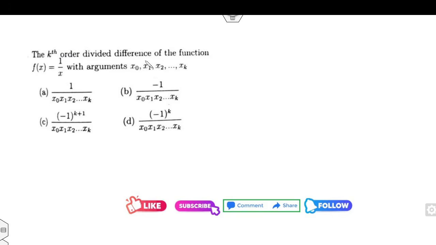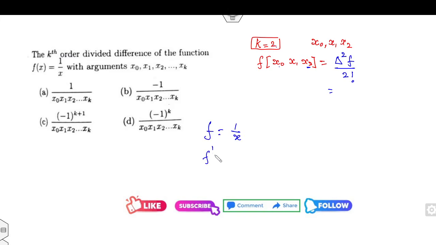The kth order divided difference. That's simple. You can simply choose k as 2. Your points are x0, x1 and x2. So your target is to find the divided difference at x0, x1, x2. Since it consists of all those points and the order is the same, it is the second derivative over 2 factorial. What is the function? 1 over x. Can you find the second derivative?